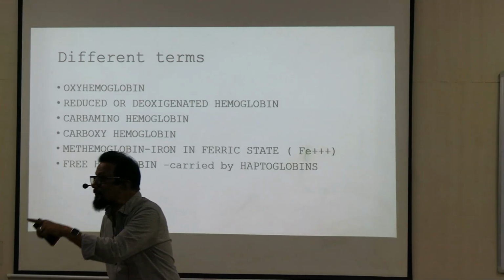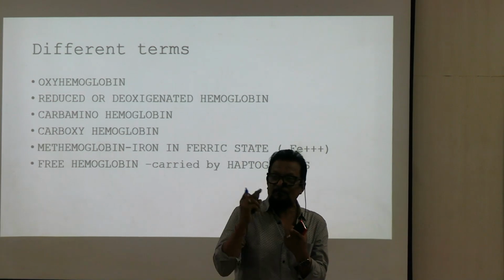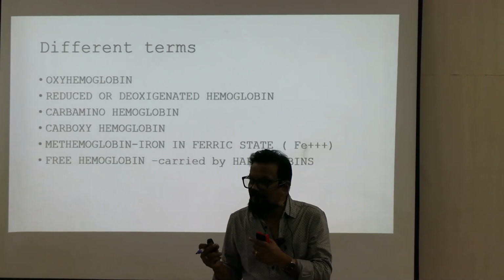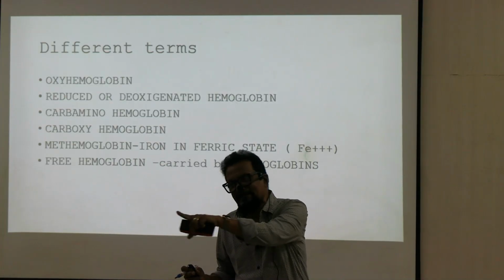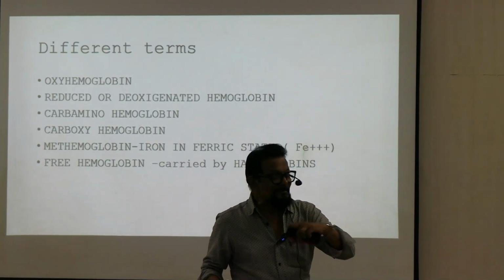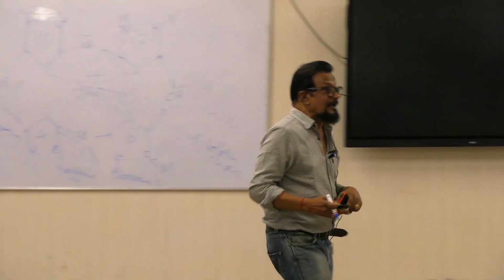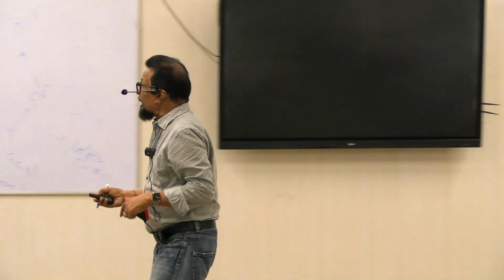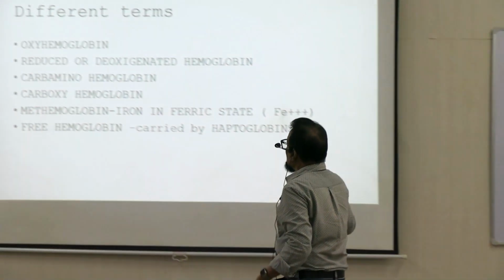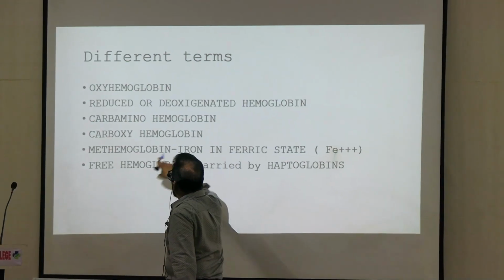We call it carbon monoxide poisoning, because when carbon monoxide binds, it forms a stable compound and will not be released from there. So hemoglobin loses its function, and oxygen will not be delivered to the tissues. That is the problem. This is carboxyhemoglobin, with carbon monoxide.